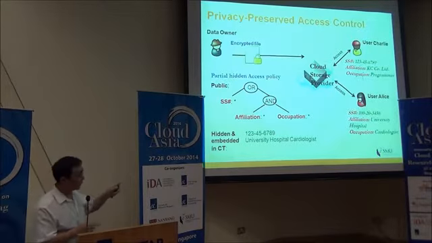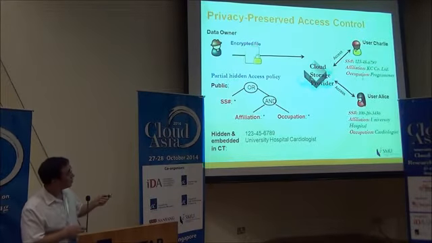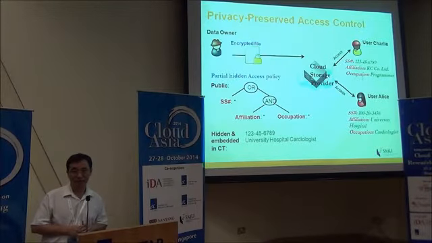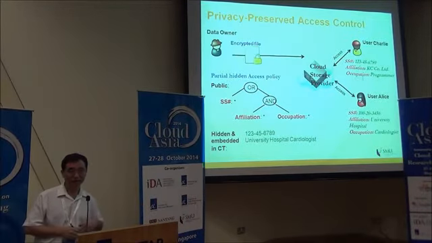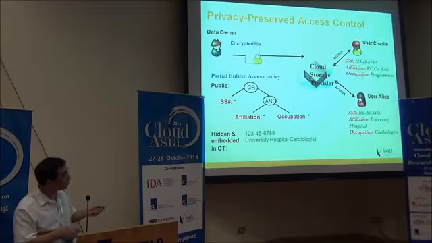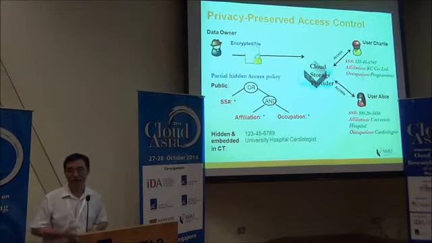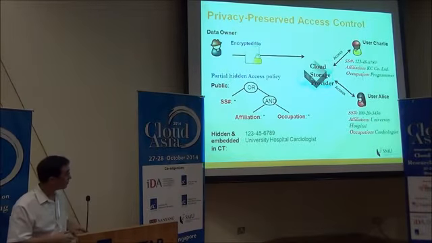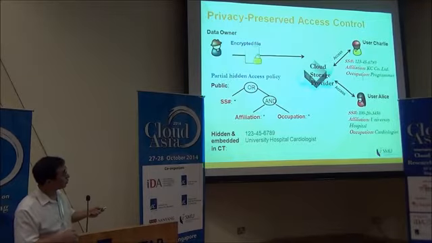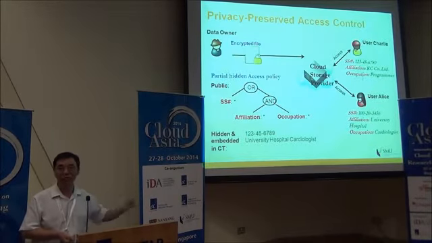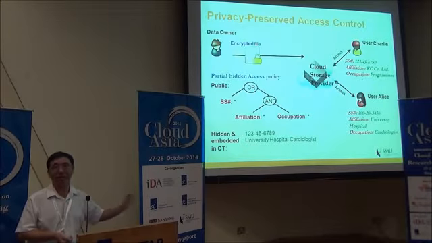Because of that feature, there is no need for access control in the cloud. You access the ciphertext. If your attribute is correct, you can access the data. So the access control is built in. And to improve the performance, we can also let the cloud perform 99% of the computation.